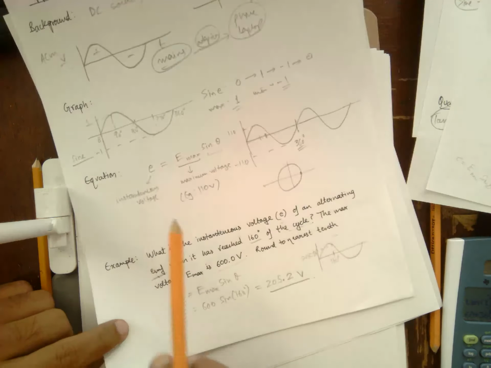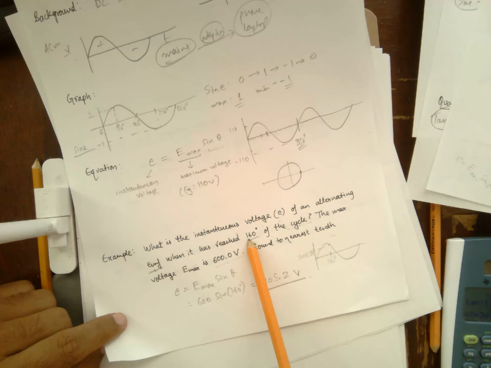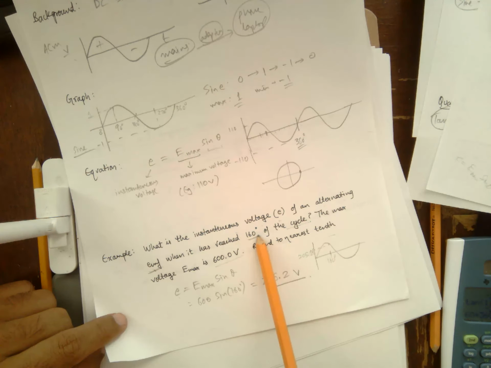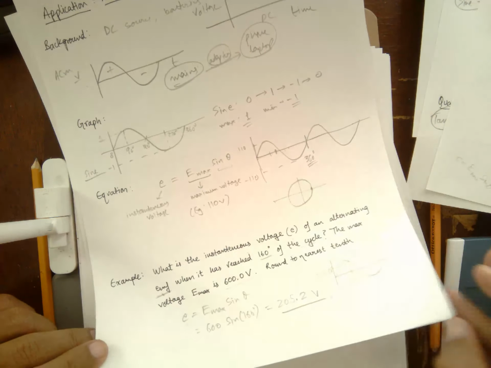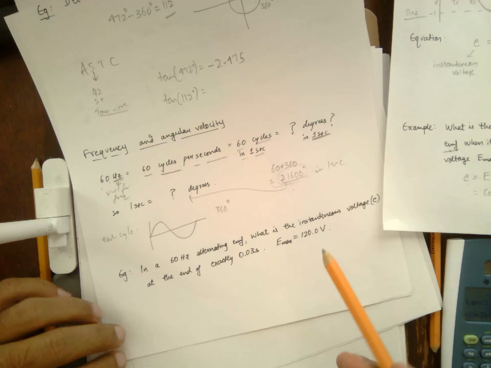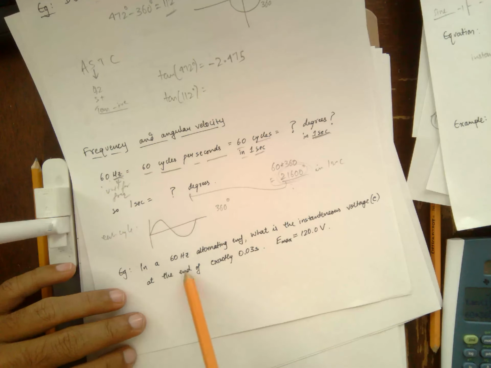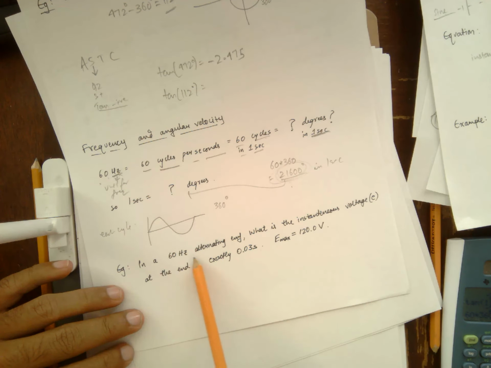Here we were trying to find the instantaneous voltage when given the angle of 160 degrees, but usually we measure duration not in angle but in time, in seconds. So in this case it says there is a 60 hertz alternating EMF. What's the instantaneous voltage at the end of exactly 0.03 seconds, where Emax is 120 volts?